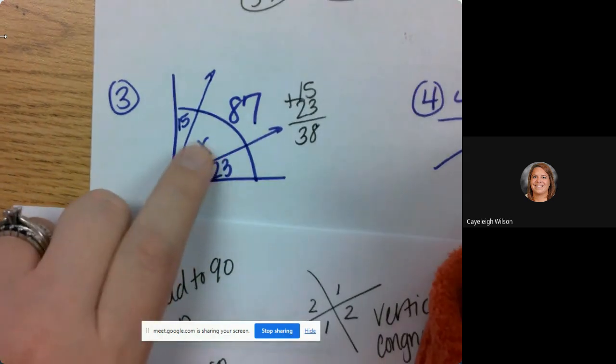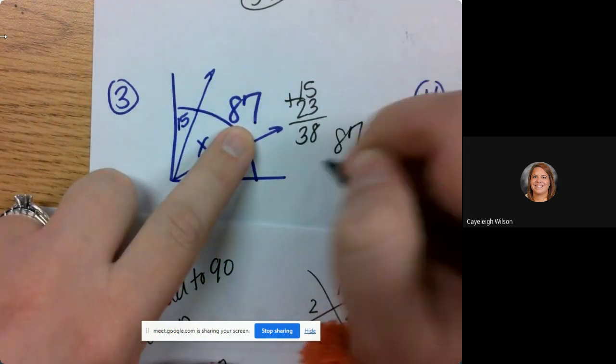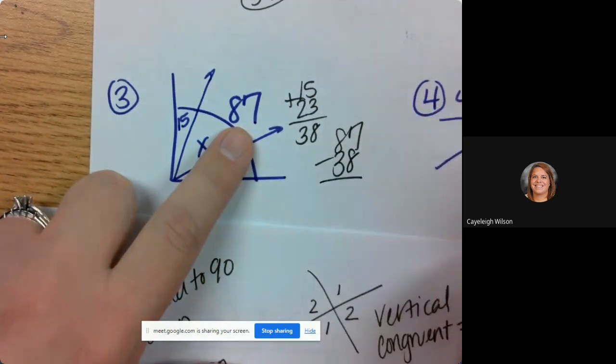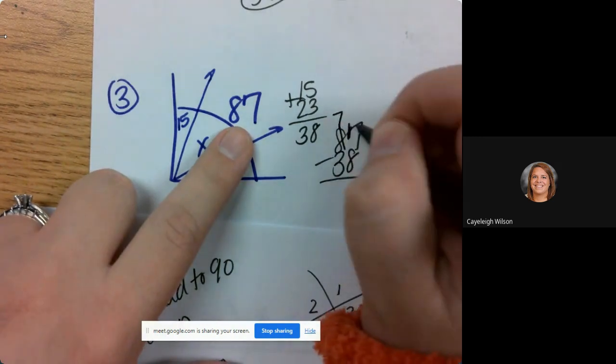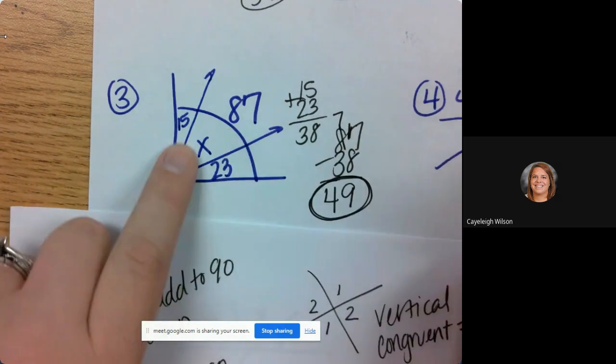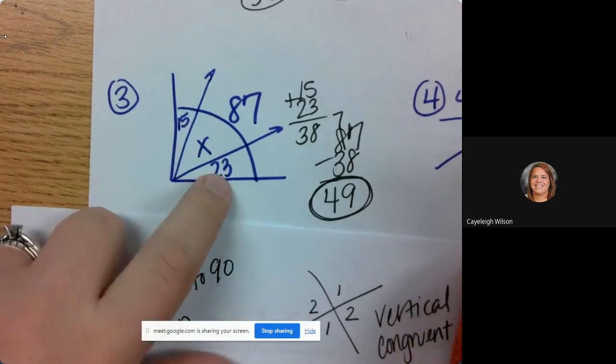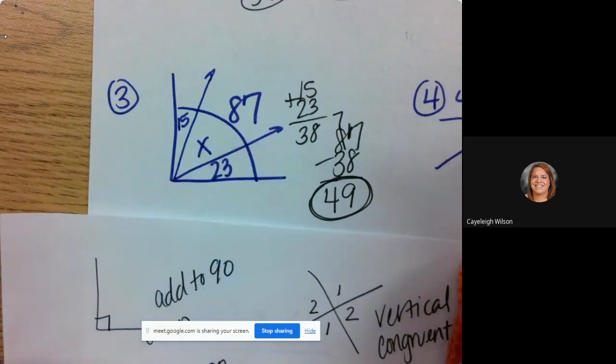I need to find another angle that would make that add to 87, so I can do 87 minus 38. That's 17 minus 8, which is 9, and 7 minus 3, which is 4, so 49. So that angle is 49. And you can check: is 15 plus 49 plus 23 87? And it is.